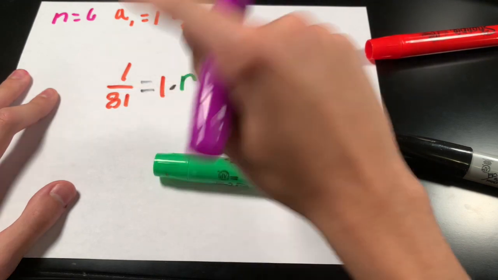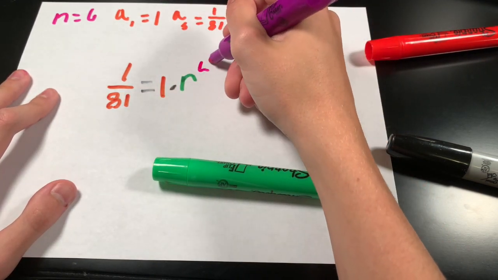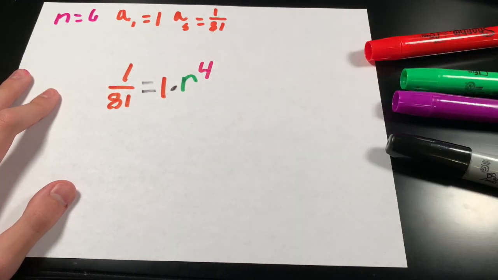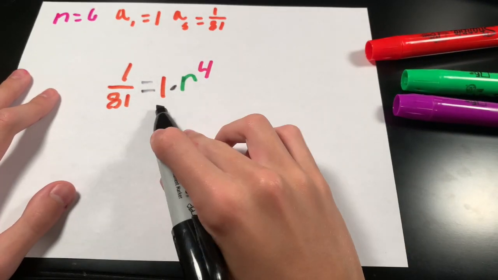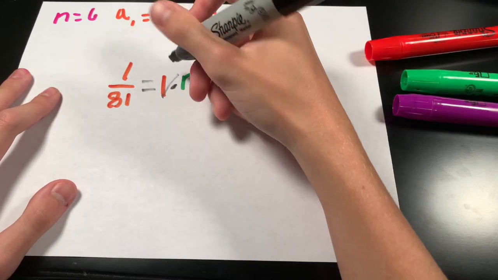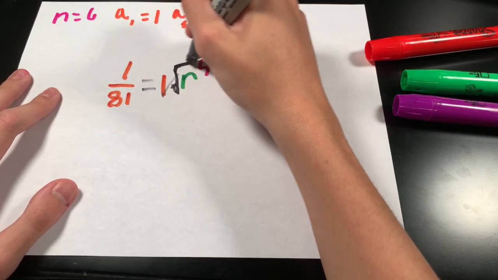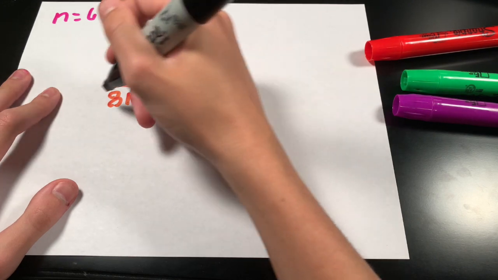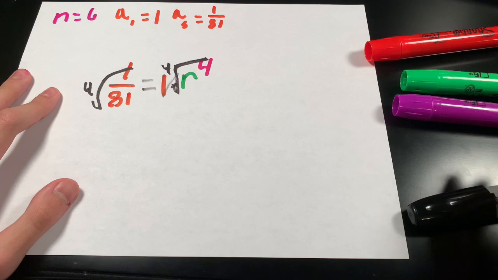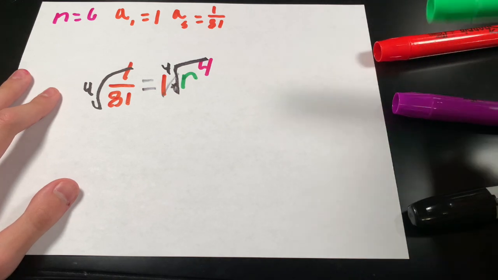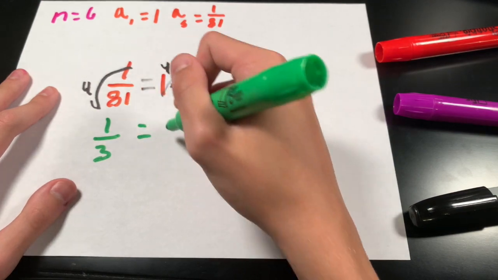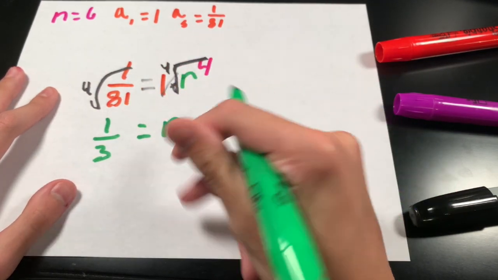We know that n is 5, so here it is 4. Anything times 1 is itself, so we can get rid of the 1 here. Then we take the 4th root. The 4th root of 1 over 81 is 1 over 3, and that is equal to R.